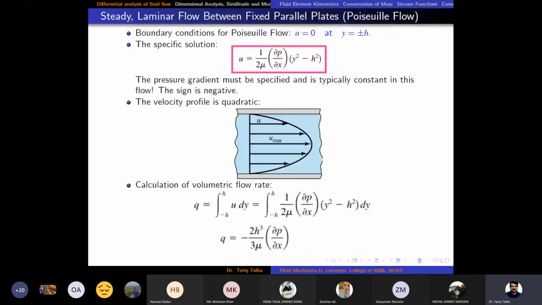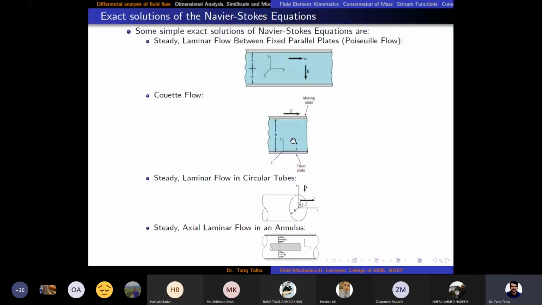Now, because we know that the upper plate is moving with a uniform velocity U, it means that we have changed the coordinate system. For the Poiseuille flow, it was starting from the center, but now it is starting from the lower plate. From the lower plate at y is equal to 0, we have got zero velocity, and at y is equal to b, b is the distance between the upper and lower plate.